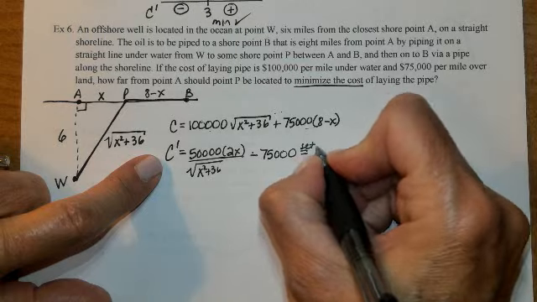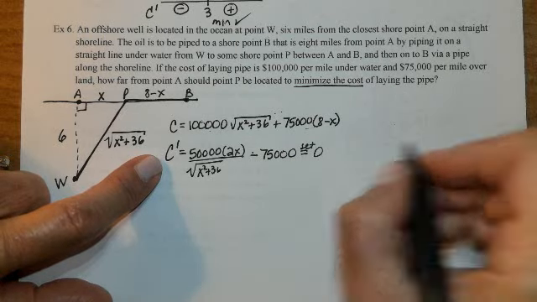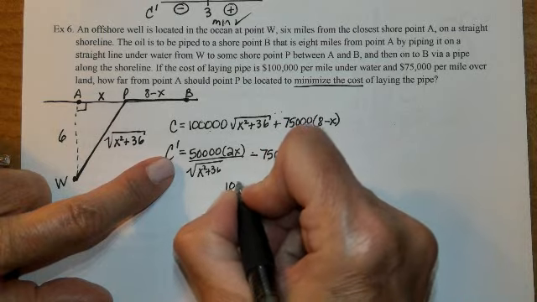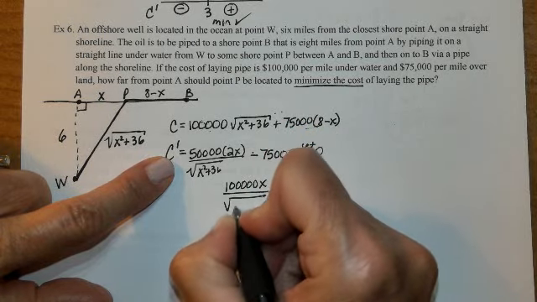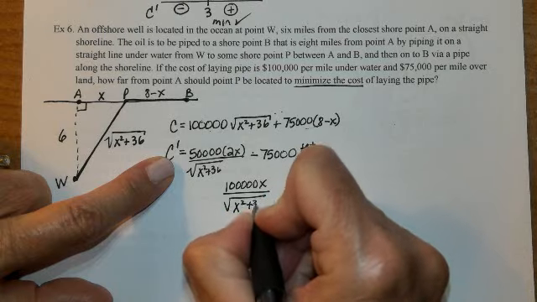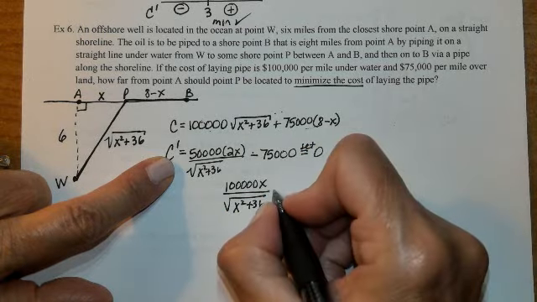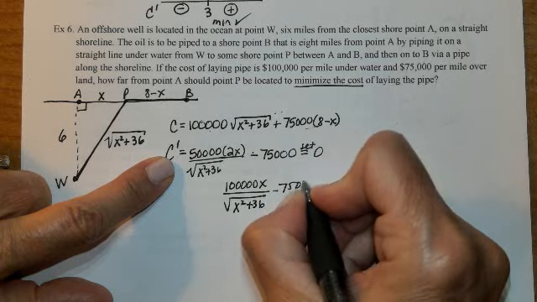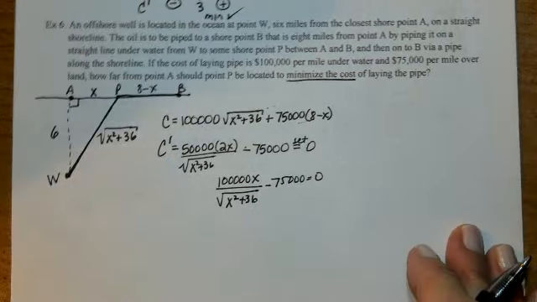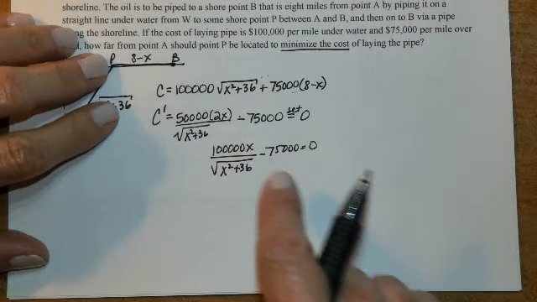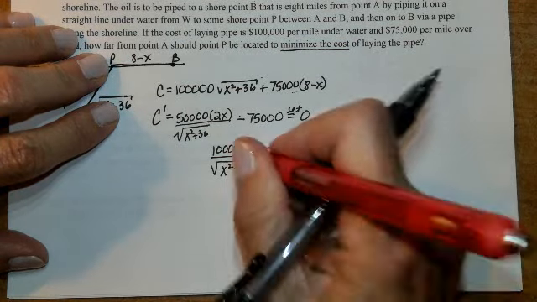Set equal to 0. Okay? So we have 100,000 x divided by square root x squared plus 36 minus 75,000 is equal to 0. Let's make this easier. Immediately let's divide both sides by 1,000.